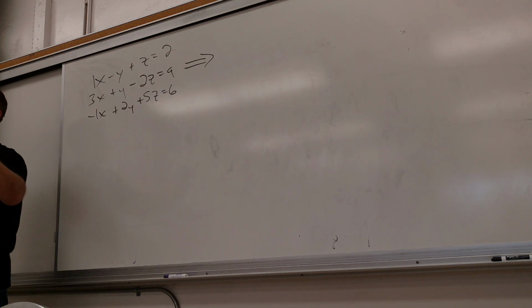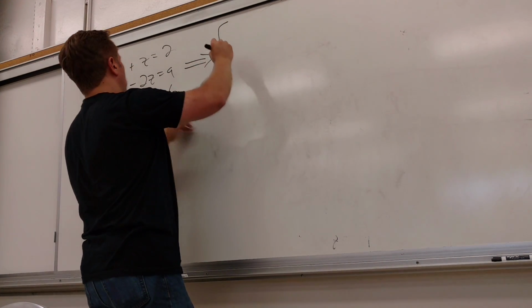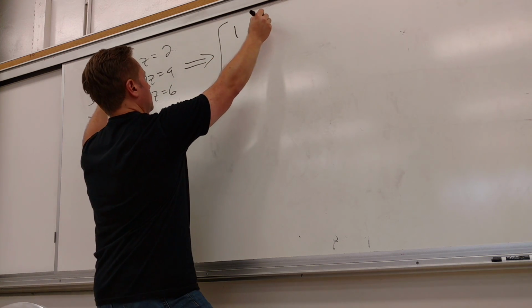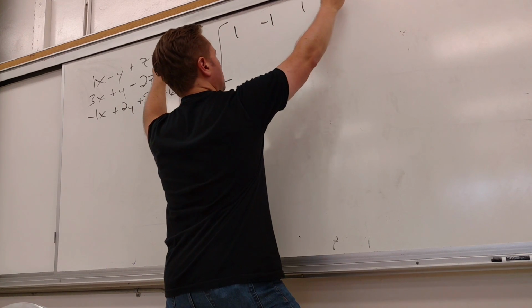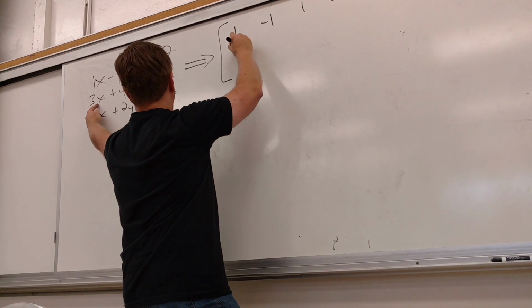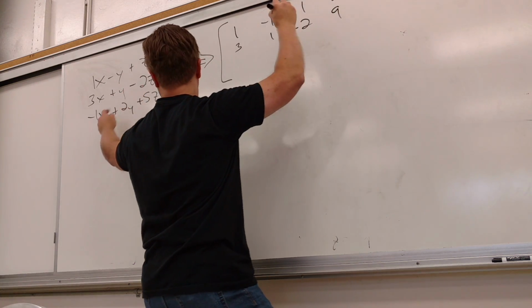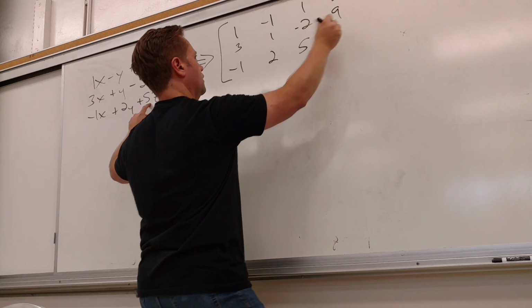Then I can just look at the numbers and not care about the variables anymore. So now I can write this matrix. What are the coefficients? 1, 7. That's a Z. 2. 3, 1, -2, 9, -1, 2, 5, 6.